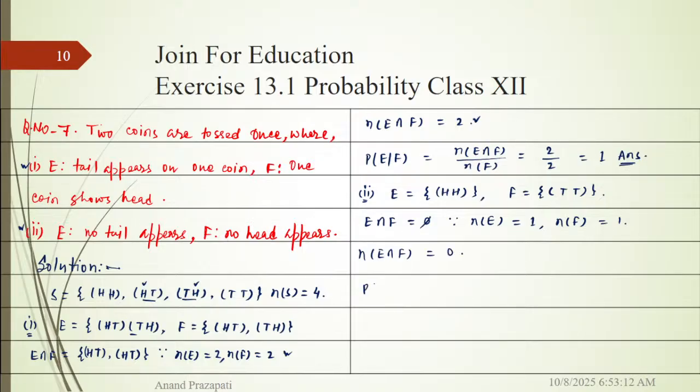So probability of E by F equal to, we write down here number of E intersection F by number of F. Now putting the value of these two, then we get here 0 by 1 equal to 0. So 0 will be the answer of the second part of question number 7. After there is no problem to understand the solution of these two parts of question number 7.